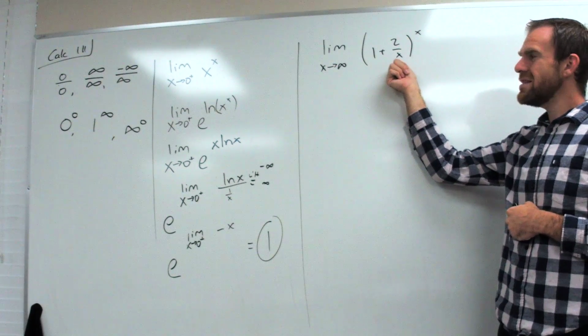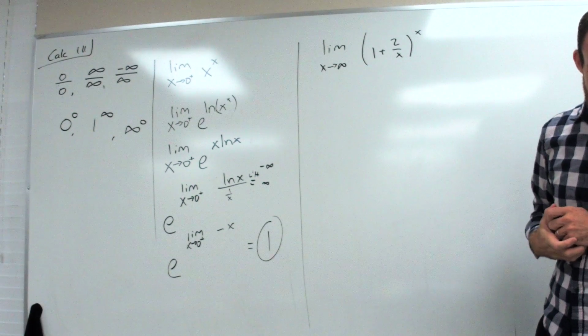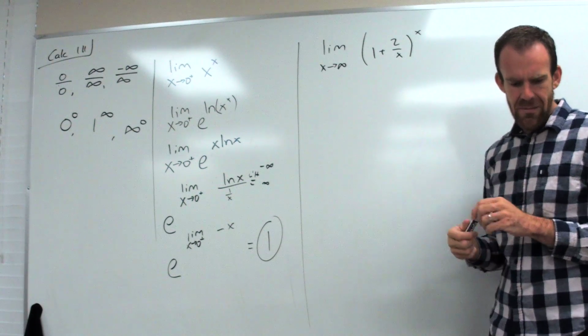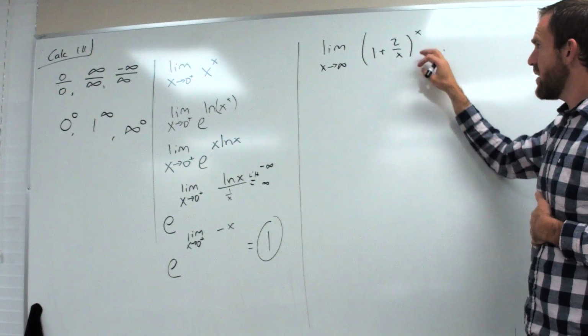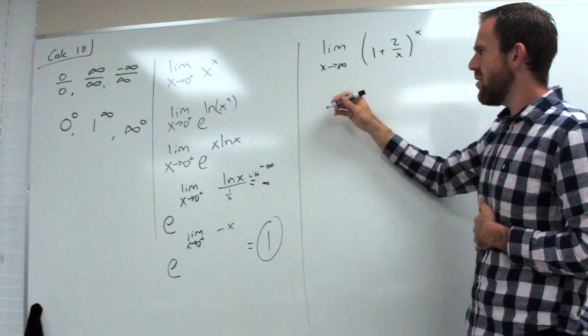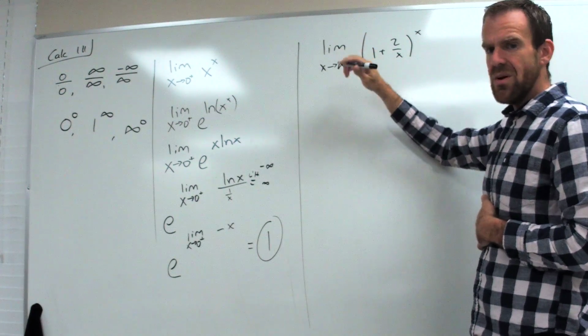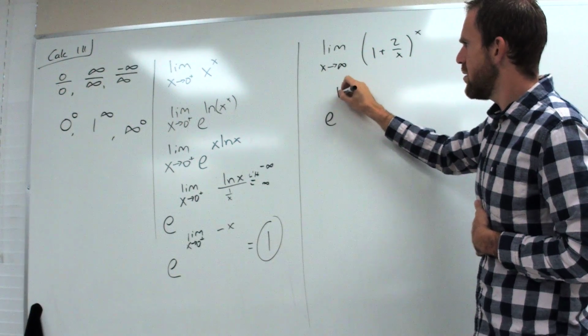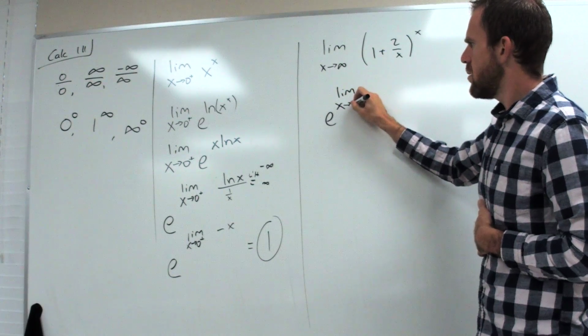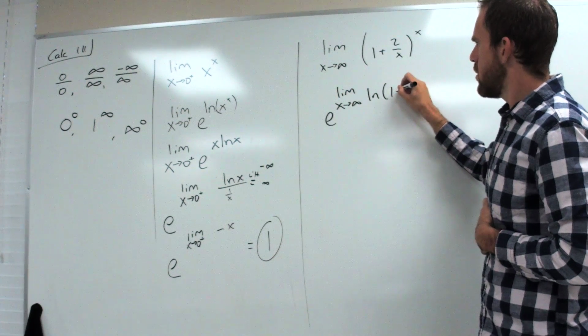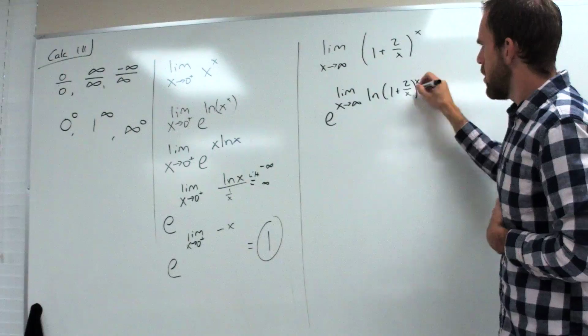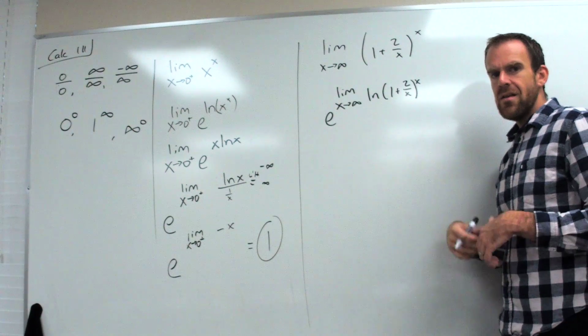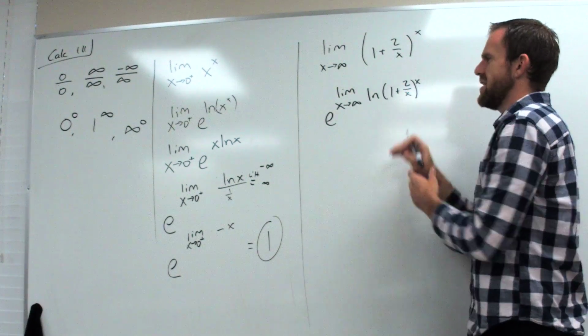But I have 1 plus something to a really high power. So what do I do? Well, I'm going to start off again by trying to get rid of that x. So I'm going to take e to the ln like that. Okay? That's going to allow me to break this down a little bit.